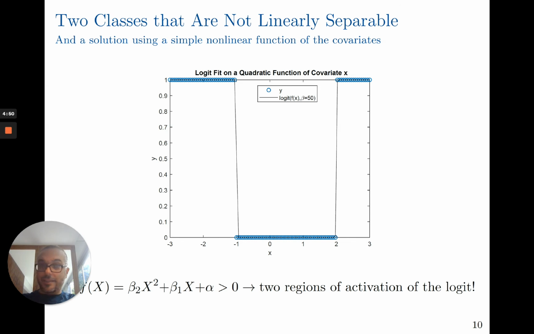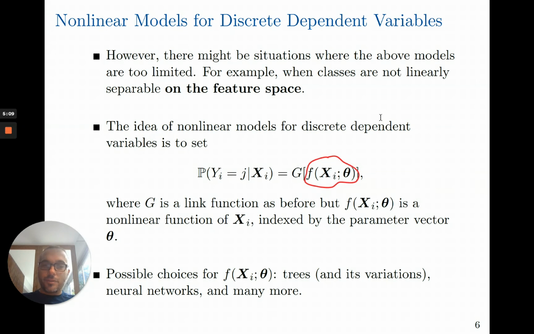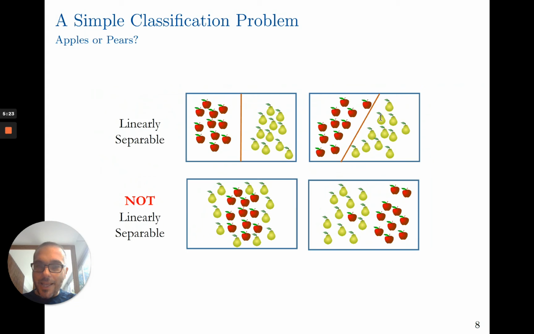Now you can take all the tools that you have learned so far in this course and use them for classification. But instead of directly modeling a continuous random variable, you are going to use these nonlinear tools as an argument to this probability function G. And that's it, as simple as that.